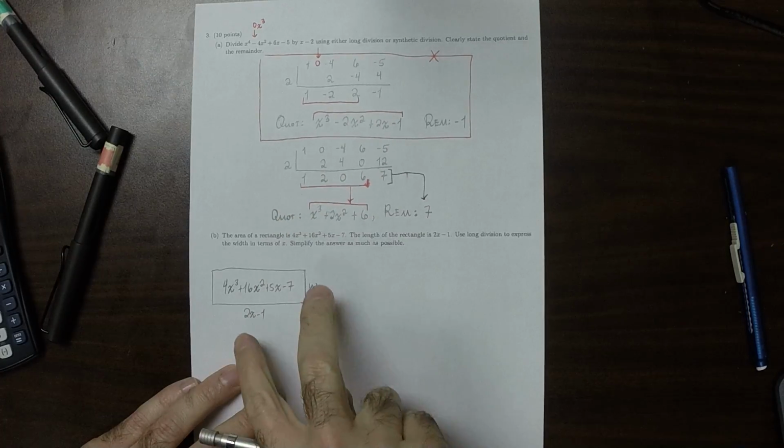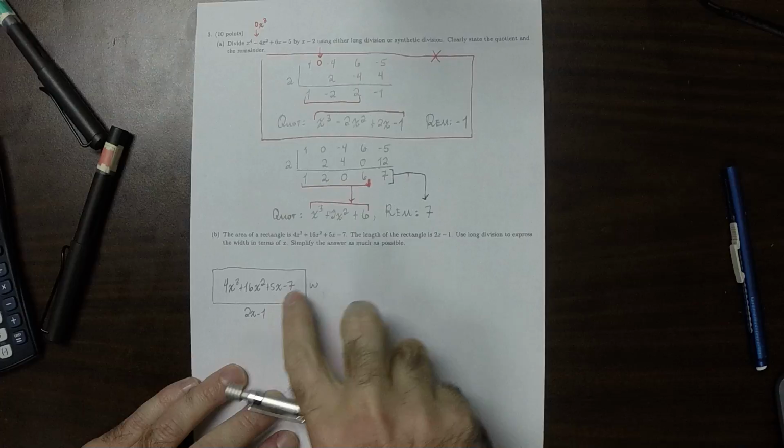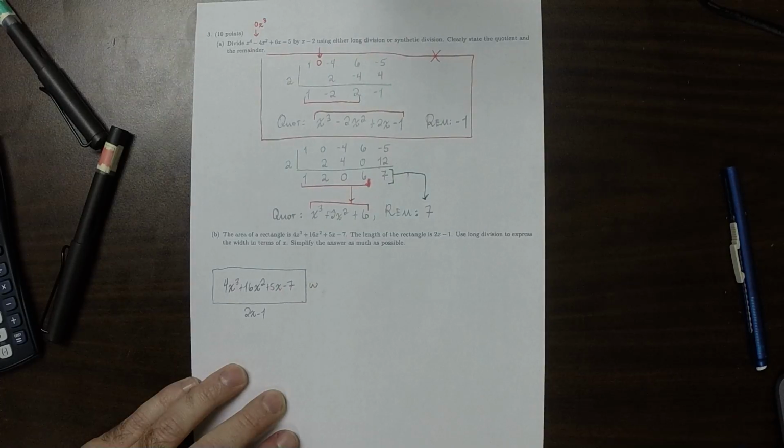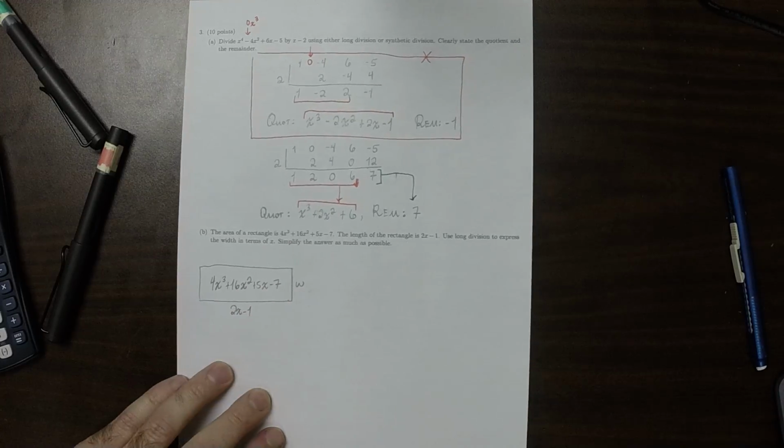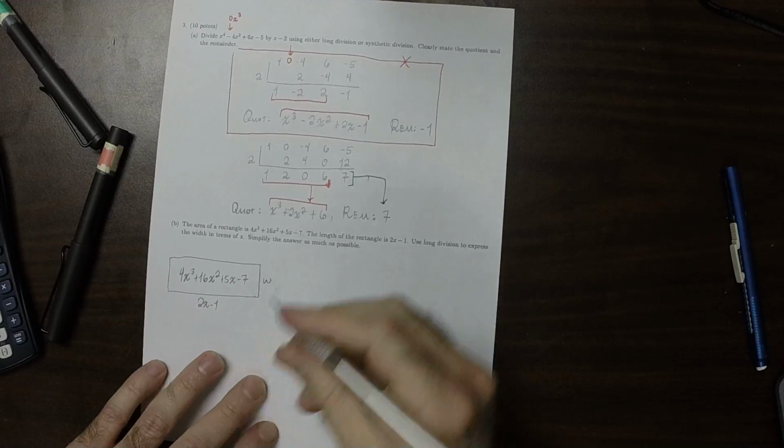So we know the product of these, 2x minus 1 and w, is that cubic. So to solve for w, we need to divide the cubic by 2x minus 1. Okay.